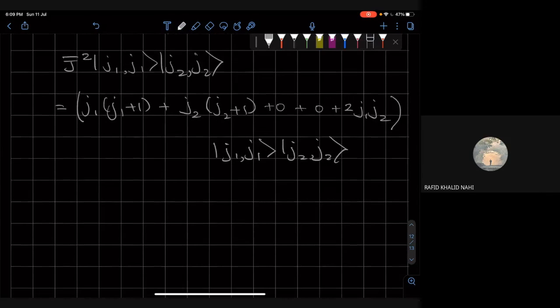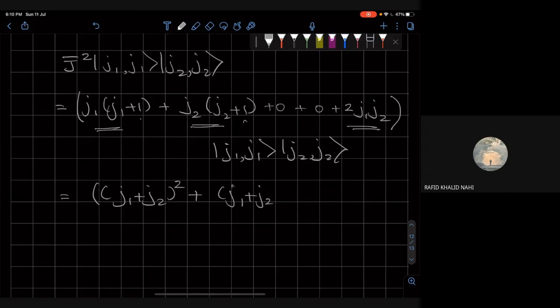Okay, so now we can simplify this thing. Here we see J1 squared, here J2 squared, here 2 J1 J2. So we can write that as J1 plus J2 whole squared, plus we see here J1 and J2. So we have J1 plus J2, and then we have J1 J2.